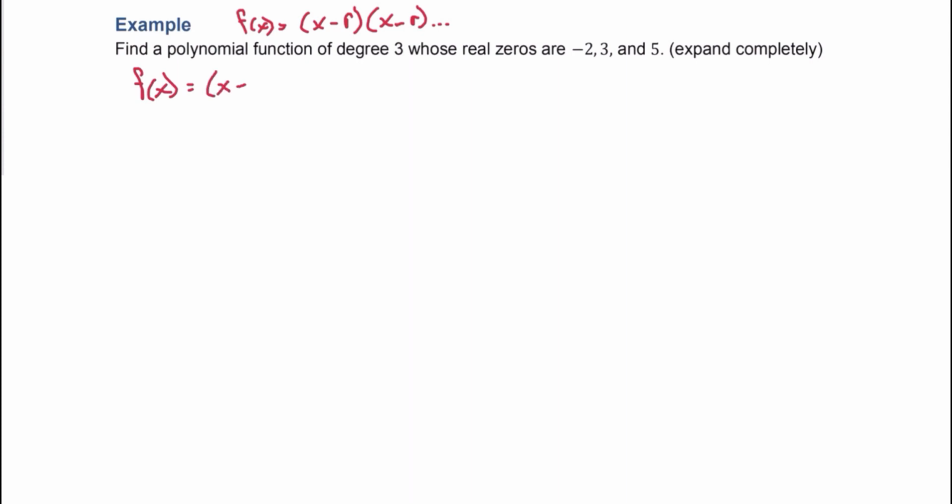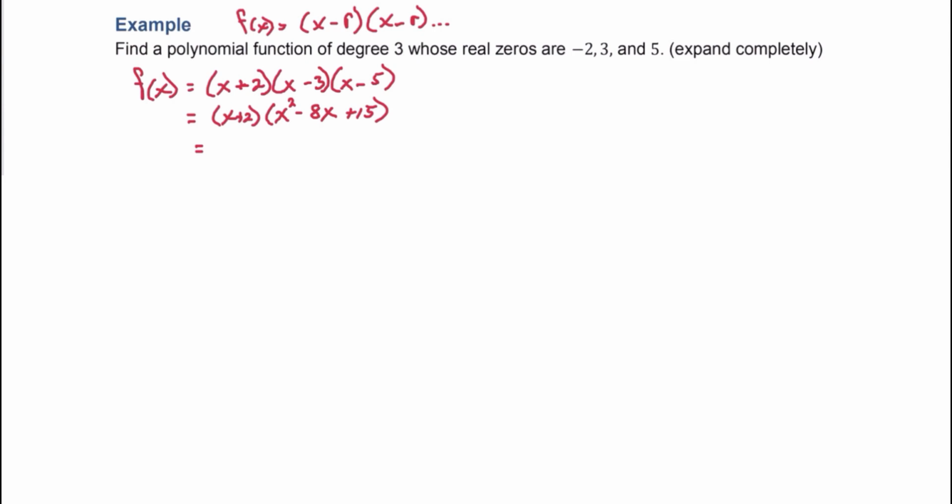X minus -2 is really x plus 2. Then we have x minus the second 0, which is 3. And then x minus the third 0, which is 5. And from here, we will simply distribute this out. Distributing the last 2 first. So I'll bring down the x plus 2. We get x squared minus 8x plus 15.